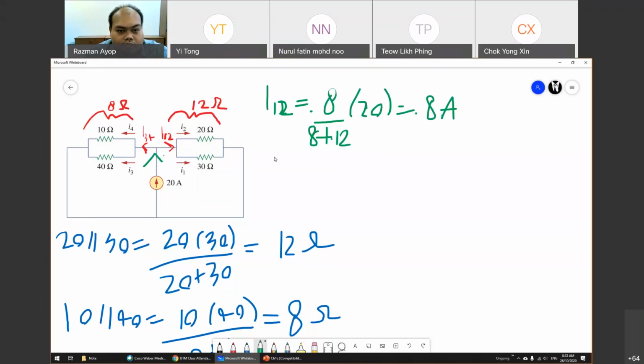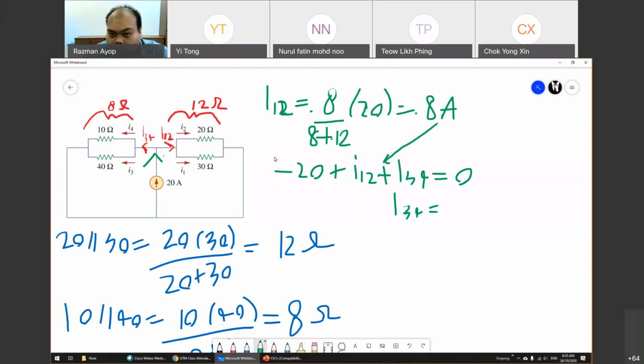So this one is negative 20 plus I12 plus I34. Negative means goes into the node, positive means goes out of the node, equal to 0. So I12 you already get. So basically I34 is 20 minus 8. You get 12 ampere.